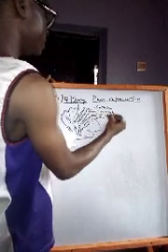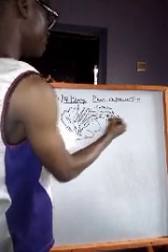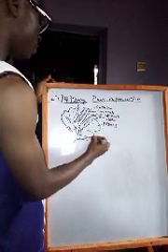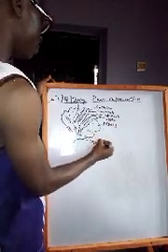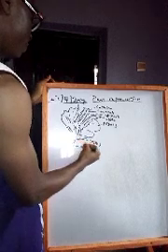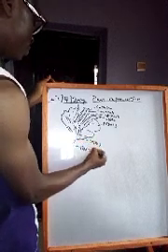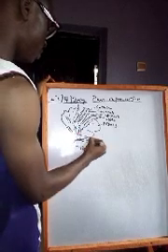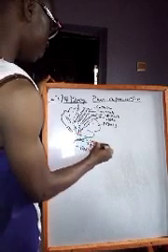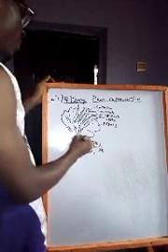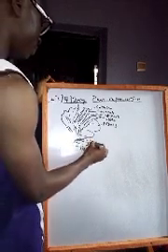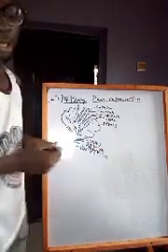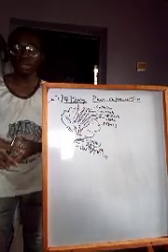Then the length is called the style. Then we have the petals, the sepals, the pedicel, the epicalyx, and the receptacle. Now I'll explain all these parts of the flower in a moment.